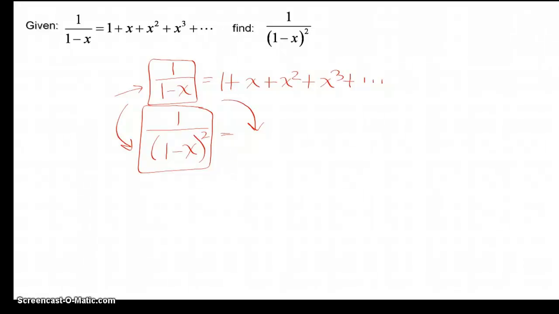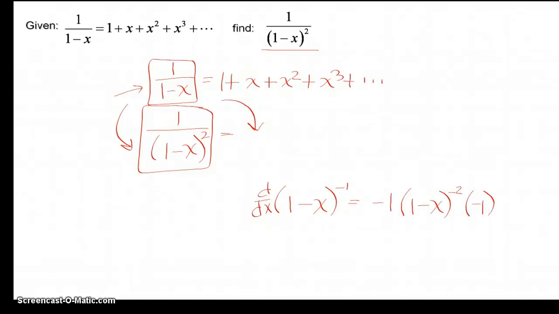So what is the relationship between these two functions? Well, this one is the derivative of 1 over 1 minus x. Let's verify that. If I'm going to take the derivative of that with respect to x, the negative pops down front. I reduce the power by 1, and the chain rule says times the derivative of what's inside.